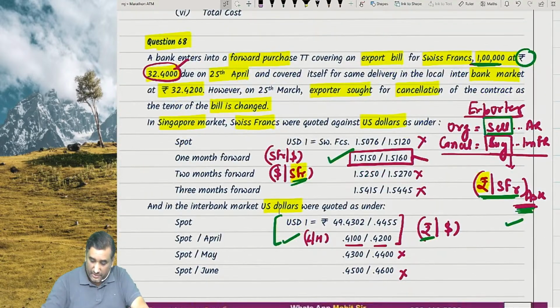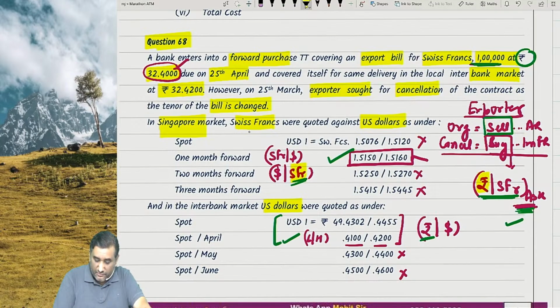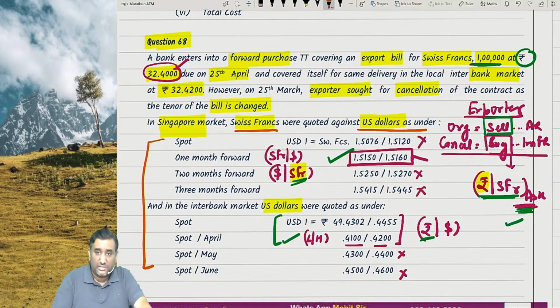The question is, they have given that in the Singapore market Swiss franc were quoted against this. Nowhere is it mentioned that it's interbank market rates. Here interbank is mentioned, but for this it is not mentioned.